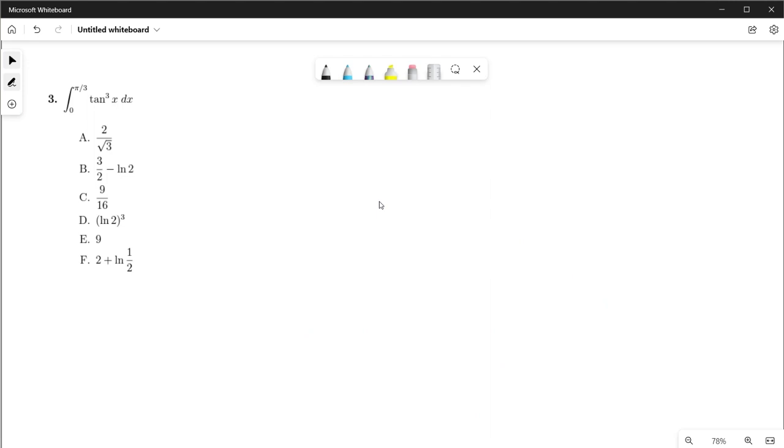For number 3, we have a typical trig integral. Since we have a tangent, I'm going to convert some tangent squared into secant squared. In this case, we have tangent squared x plus 1 equal to secant squared x as our identity.